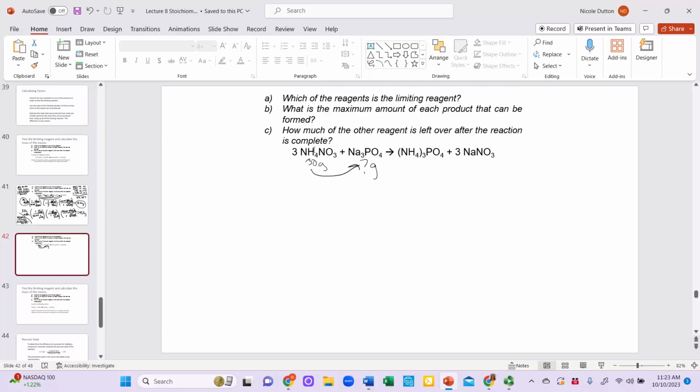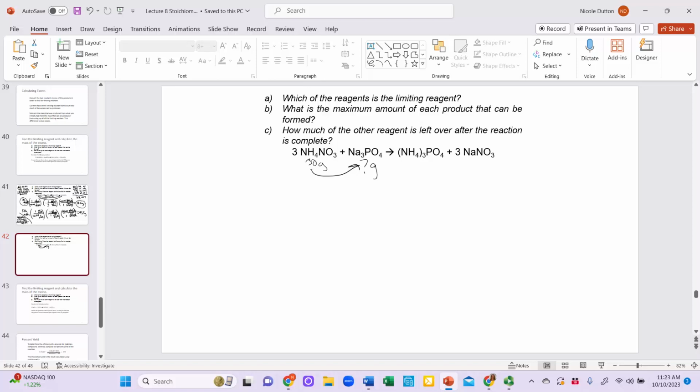So, moving on with the second part though, how much of the other reagent is left over after the reaction is complete? We're going to convert one reactant to the other reactant to see the limiting reactant to the excess reactant to determine this.